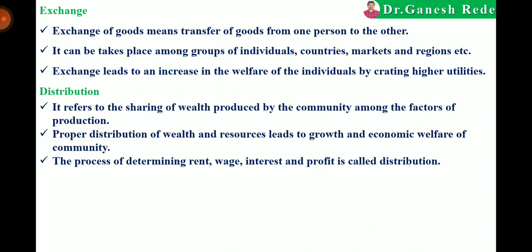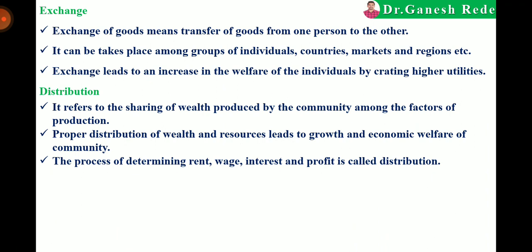Proper distribution of wealth and resources leads to growth and economic welfare of the community. The process of determining rent, wages, interest and profit is called distribution. A question may be asked on this.